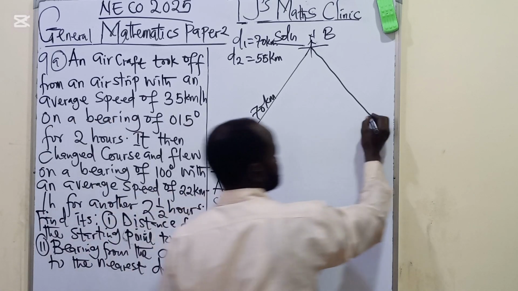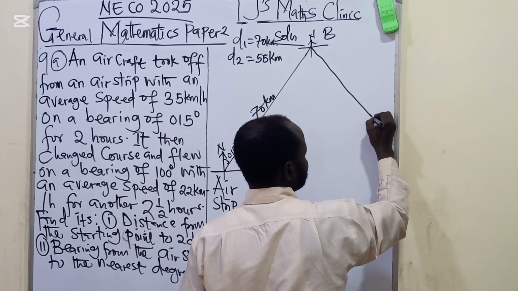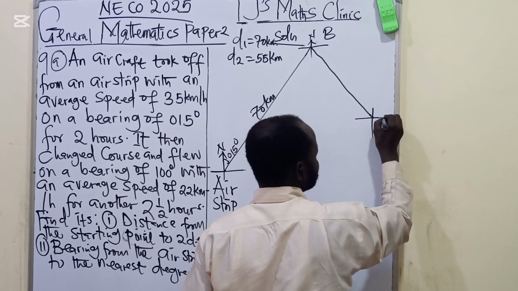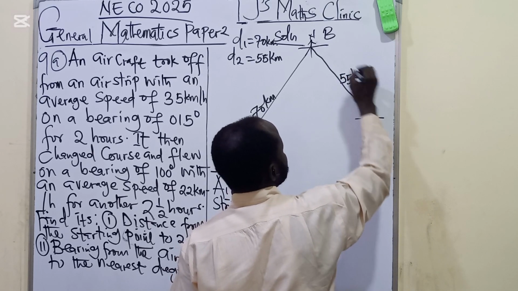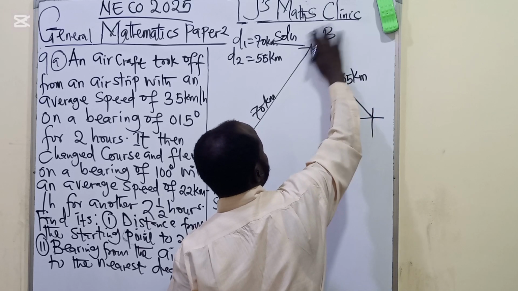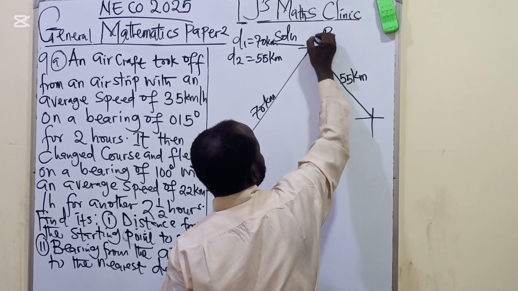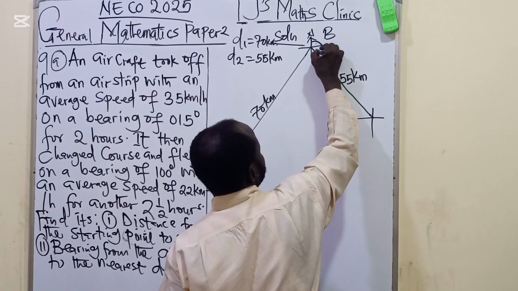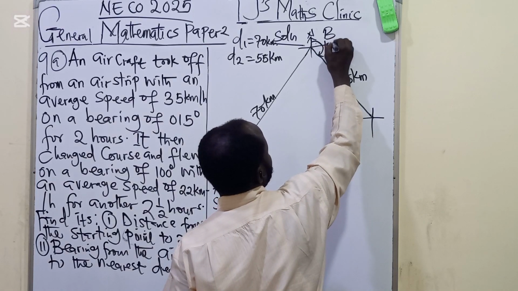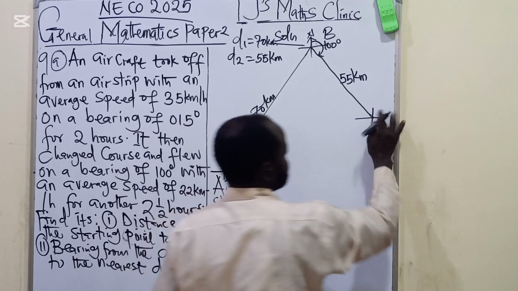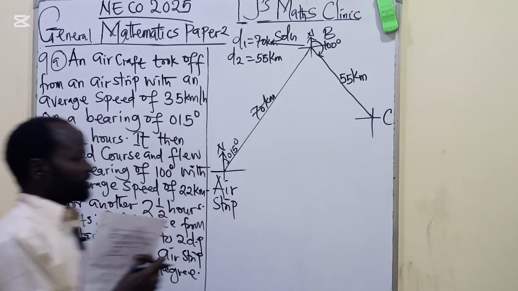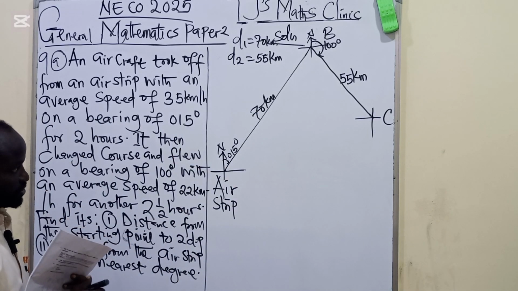Very important. So let's say we have another cardinal point like this here. Of course, here will be 55 kilometers. And from this North Pole here, then we have 100 degrees now here. Very important. Then the next thing now, let's say this is point C here. The next thing now is to connect this. Care must be taken.